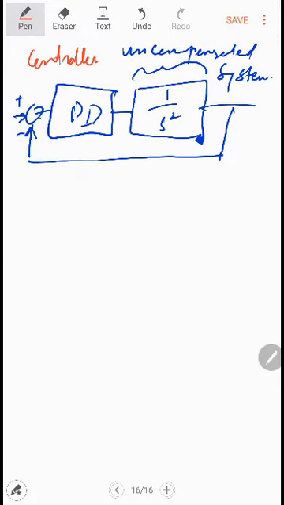What are the requirements? In this case, you see we have 1 over s squared. So zeta is equal to 0, and that is why the root locus is along the imaginary axis. Now the user wants zeta to be equal to 0.7. So we want to improve the damping, so the oscillation is reduced.